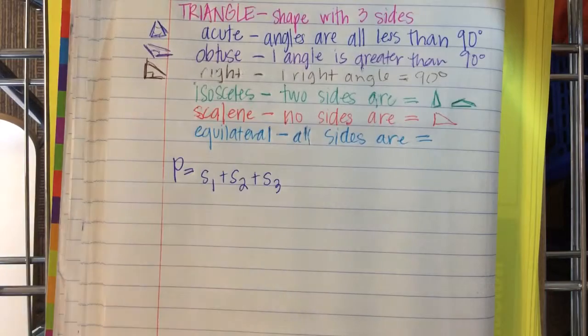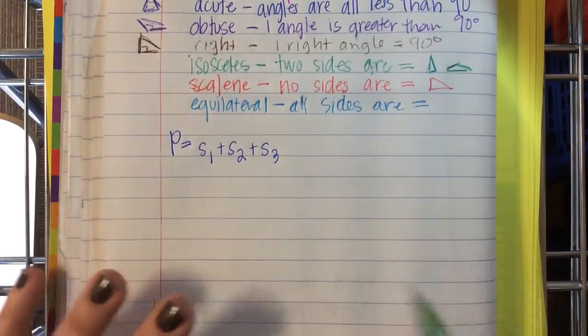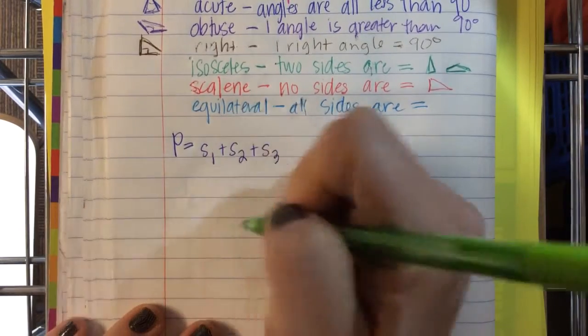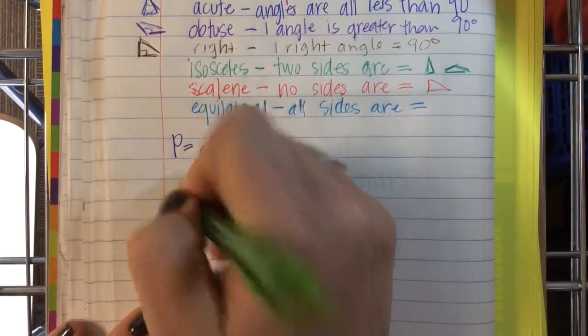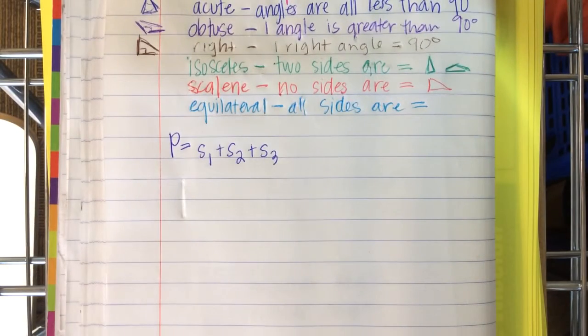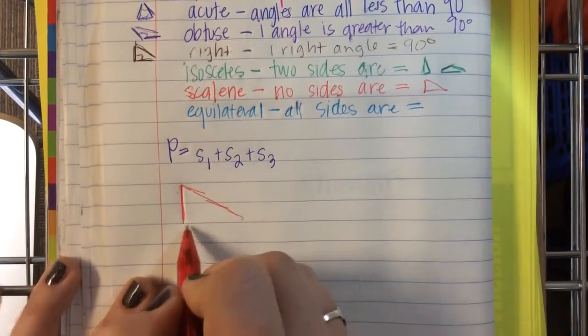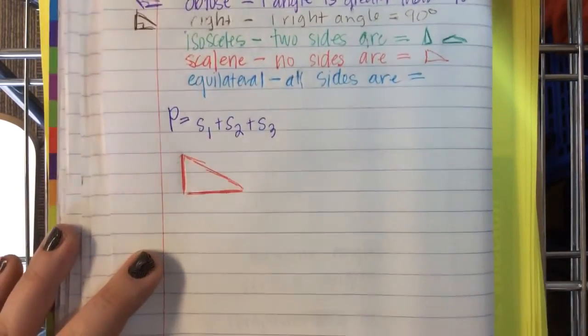Perimeter of a triangle is side 1 plus side 2 plus side 3. And I'm going to draw you a picture. Are you ready? You draw this picture too. Doesn't have to be perfect, but here's my triangle.